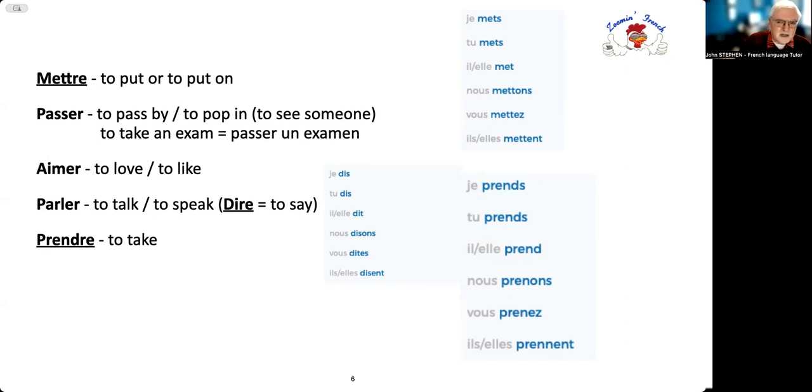Did you notice that? There were three different distinct sounds for this letter E. And let me do it again for you. See if you can pick it up. Je prends, tu prends, il prend, nous prenons, vous prenez, ils prennent.